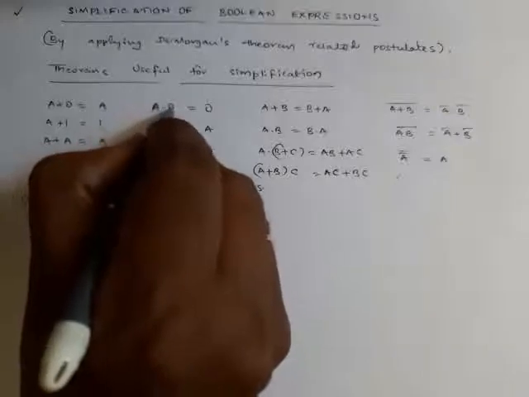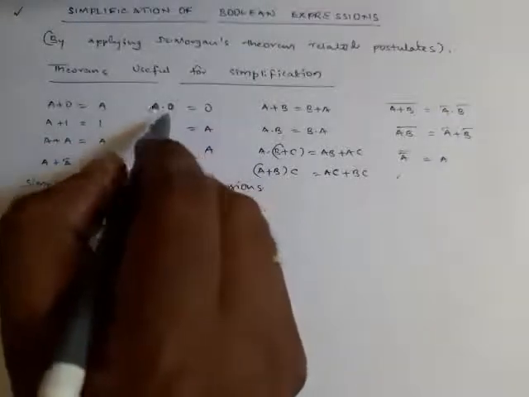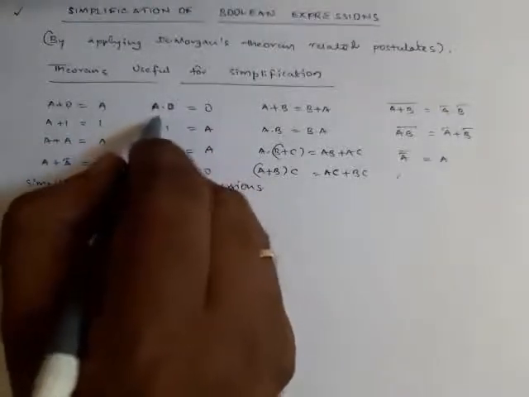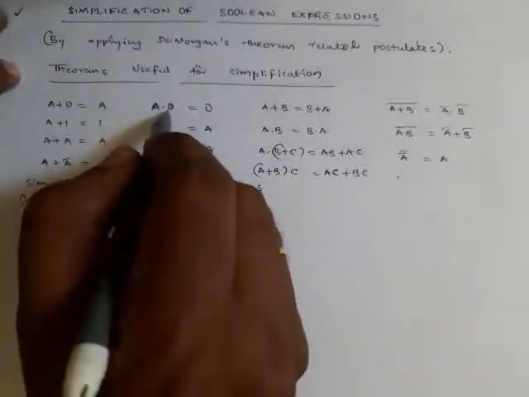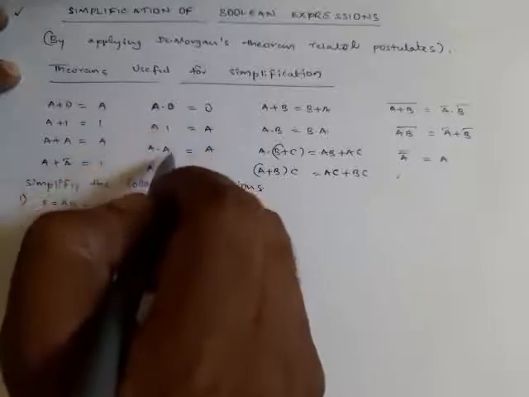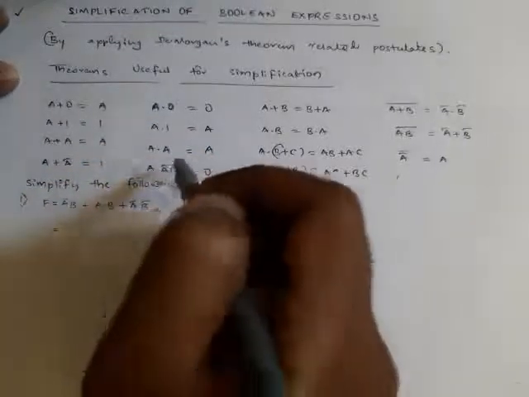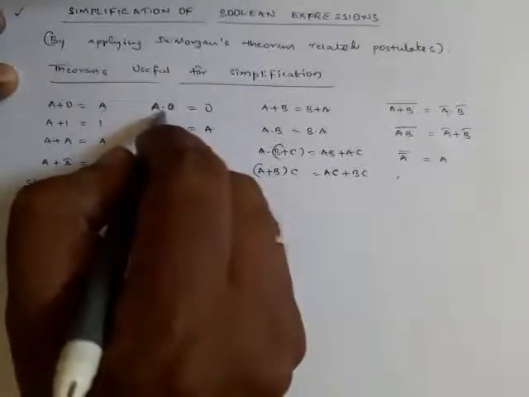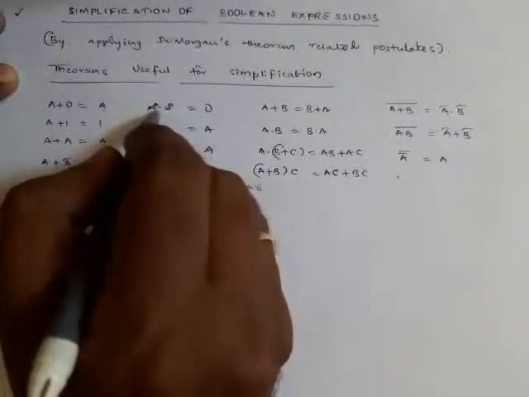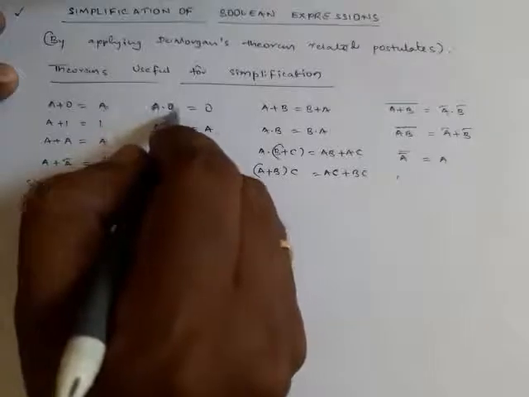Next are the few theorems that are related to the AND function. So what happens when a variable is ANDed with either 0 or 1 or itself or its complement? When an AND function is performed between the variable and 0, the result is 0.